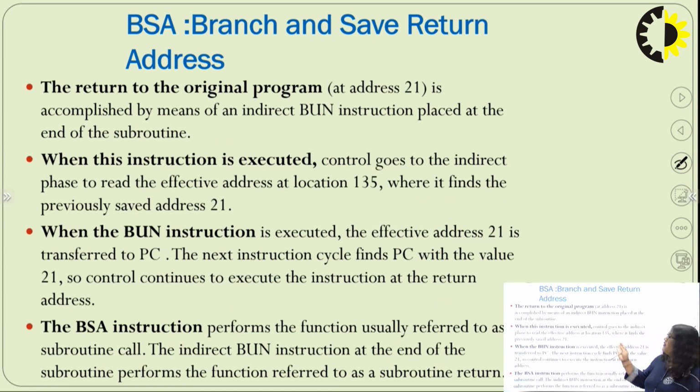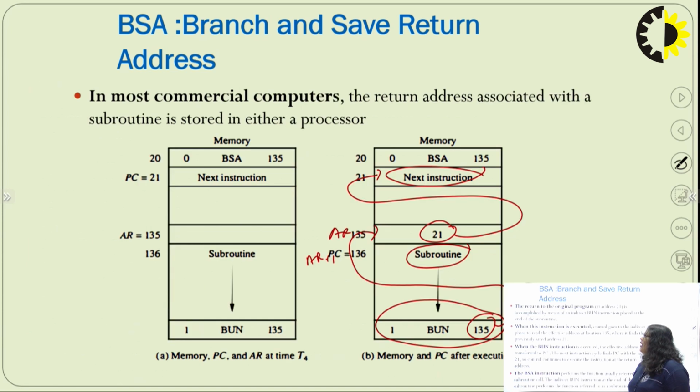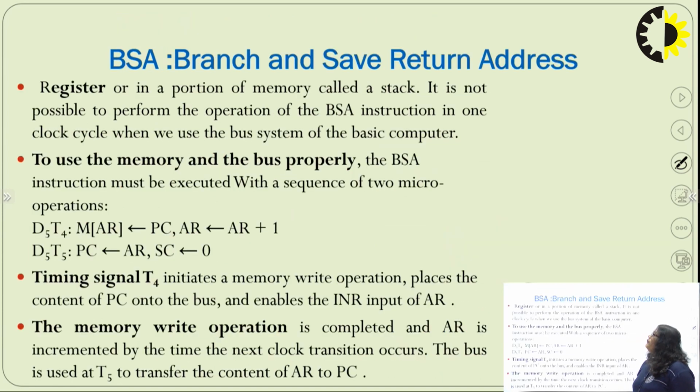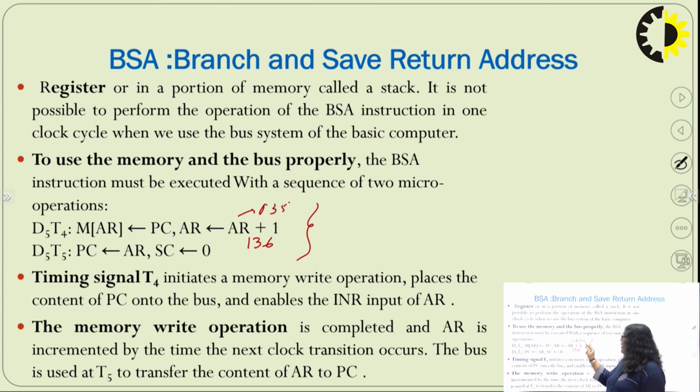This is just the theory part that we have to cover, how we process branch and save return address, and this is the complete example in theoretical form, and this is the instruction in symbolized form. These are the operations that we have to follow: AR plus 1 transfers to AR. This is basically 136, because the value of AR is 135 in this example.